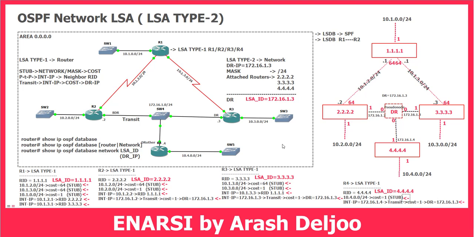In the next video, we will learn about the OSPF LSA type 3. We call it summary LSA. This is so interesting. Okay, you know that each router should have only the topology of its area, but it should know about other areas, not the topology of other areas. Only the network addresses are available from other areas. You will learn about them, but now it's time to review LSA type 2.